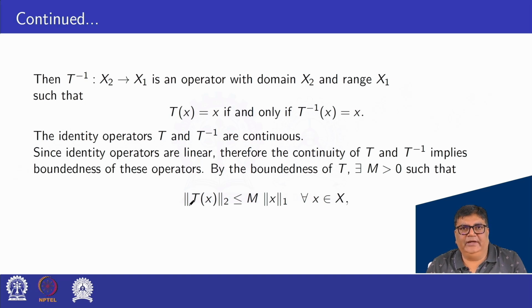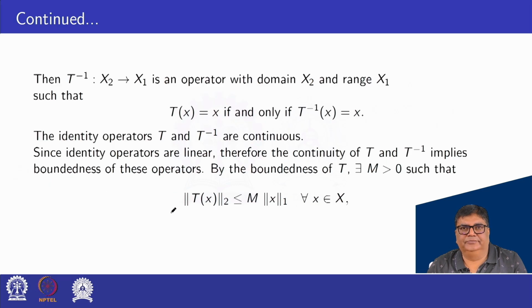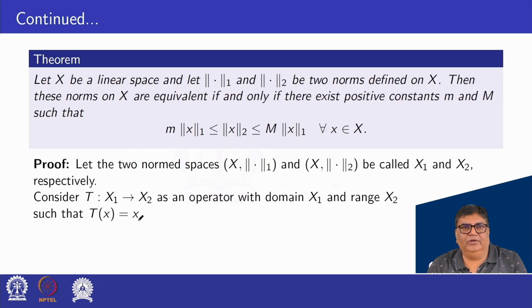So we can write norm Tx2 less or equal to m norm x1, because the mapping T takes x1 to x2. So Tx2 is bounded by m norm x1, and here Tx is equal to x.